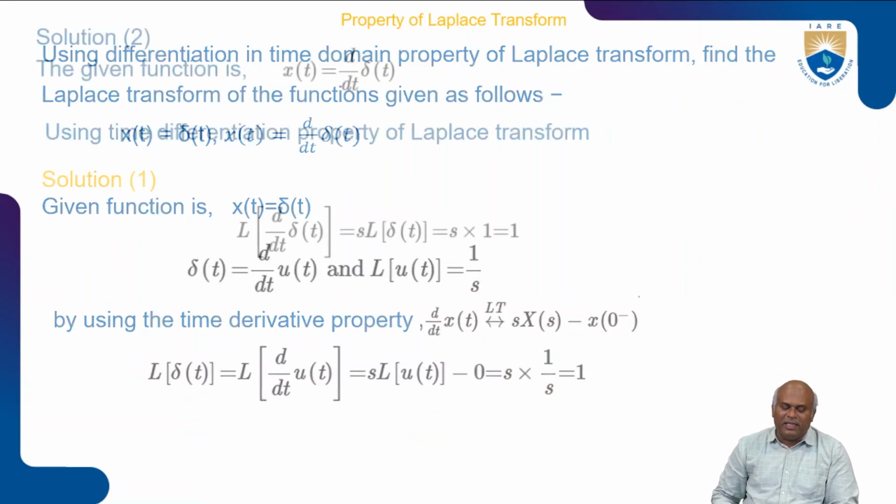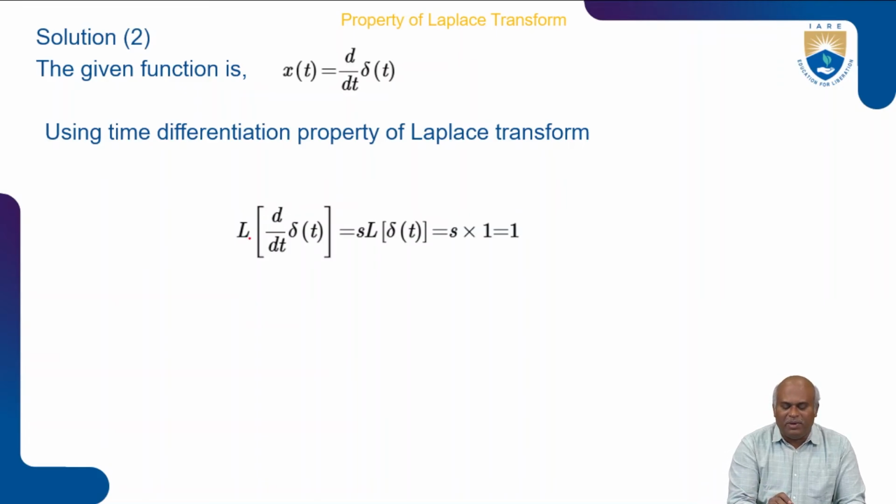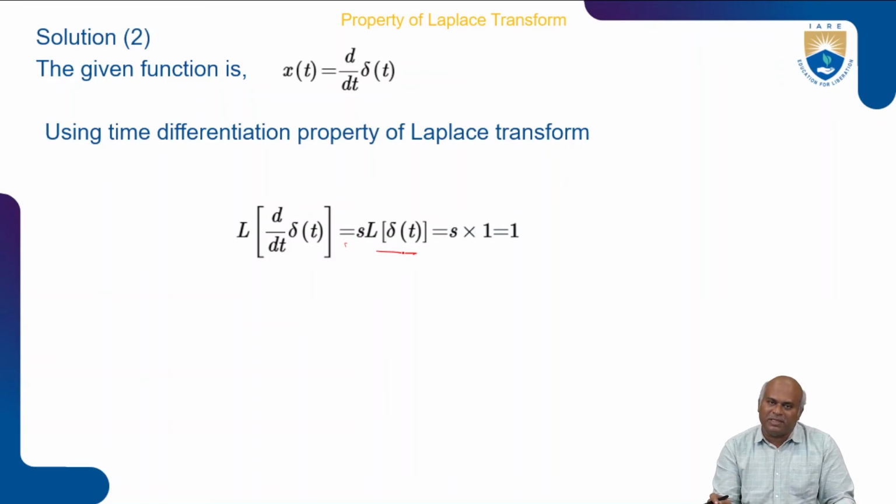Second statement: x of t is represented as d by dt del of t. Using the differentiation property of the Laplace transform, the Laplace transform of d by dt del of t is equal to s times the Laplace transform of del of t. The Laplace transform of del of t is represented as 1.